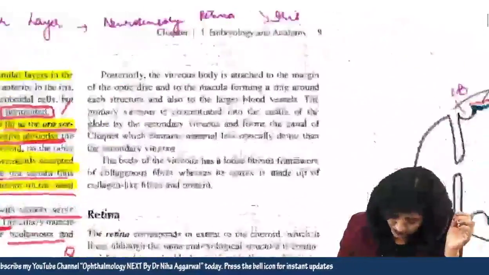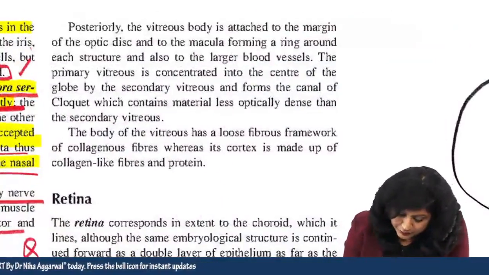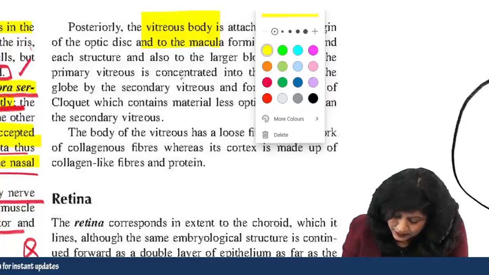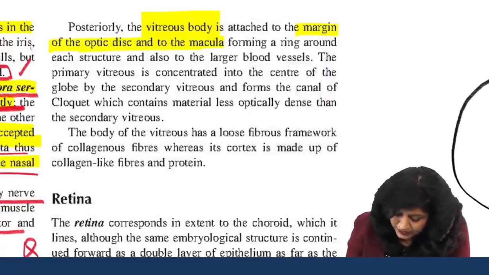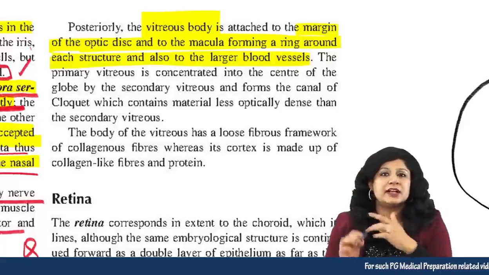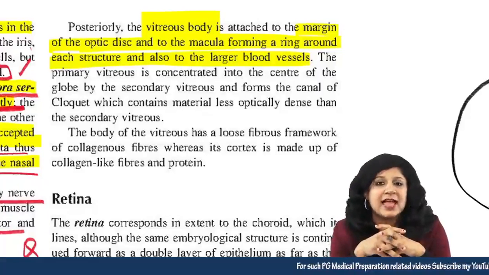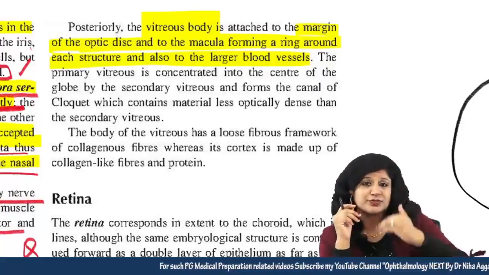Now coming to the posterior side. Posteriorly, the vitreous body is connected to the margin of the optic disc and the macula, forming a ring around each structure, and to the larger vessels. I told you before that in a cut section you are not able to see it, but actually the eyeball is a spherical structure, so in most places the whole structure is ring-like.